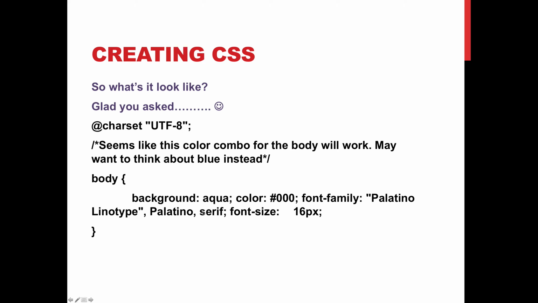If it doesn't have that, it's just going to pick a serif font. And then lastly, they're going to set all the font size to be 16 pixels. Okay? So after each one of those, you'll notice that they have a semicolon. Normally, I would want this to be on separate lines, but for the sake of fitting everything in this slide, I decided not to do that. So that's what it looks like.